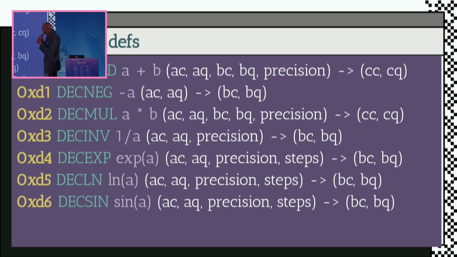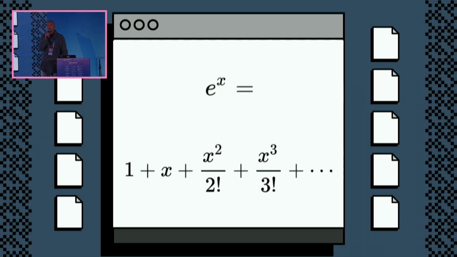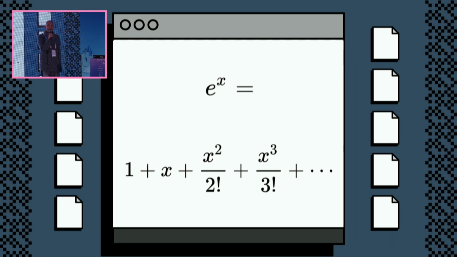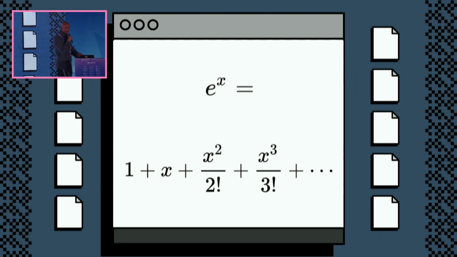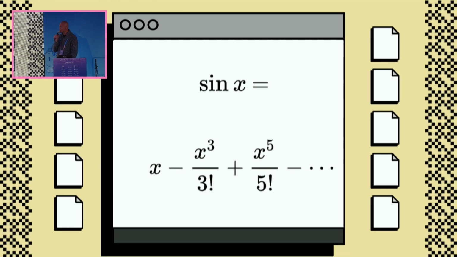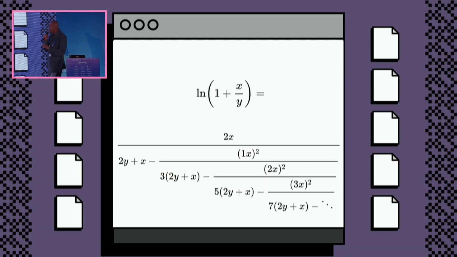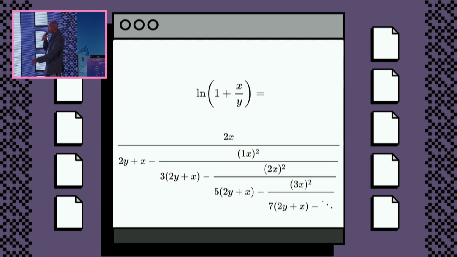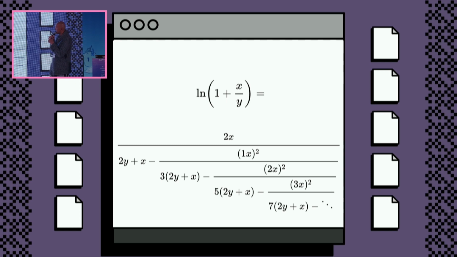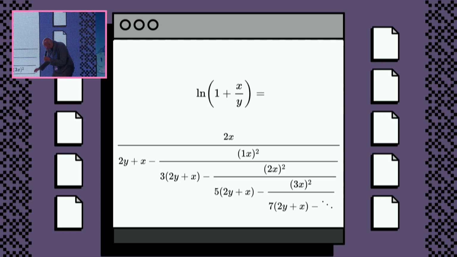Hence, we have the steps argument, which a developer can choose, knowing it is deterministically known how many steps you need to reach a certain precision. The same goes for the sine, and the log can be done in the same way or more efficiently using continued fractions. This is the same thing, just long fractions going on infinitely.